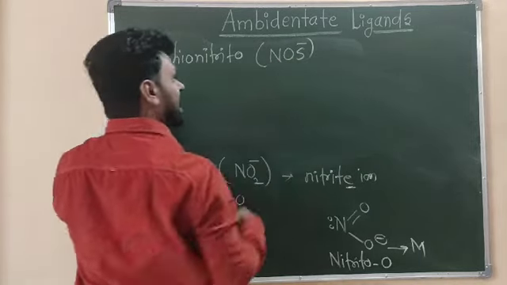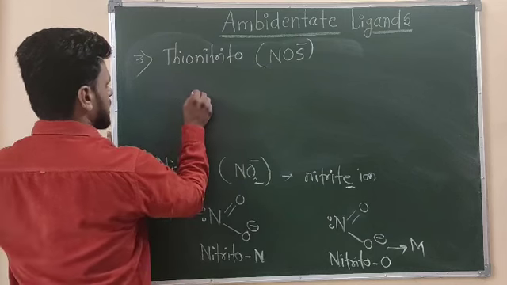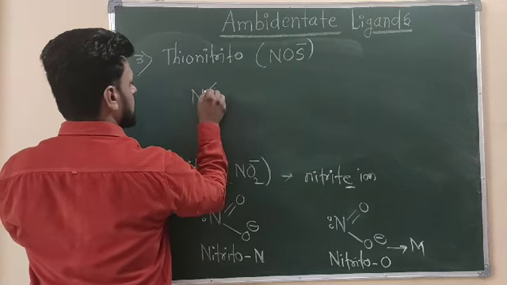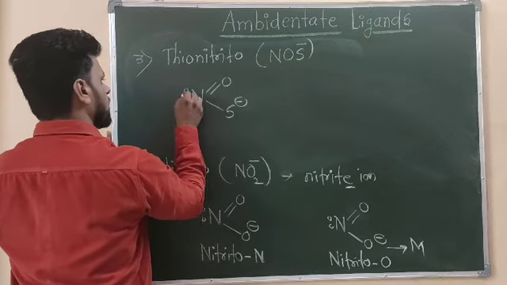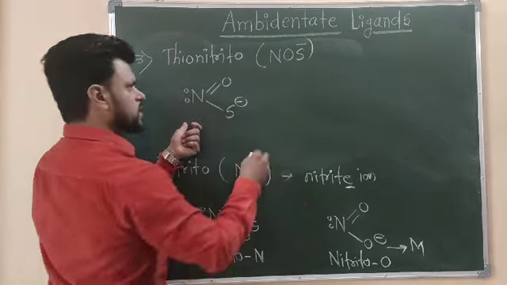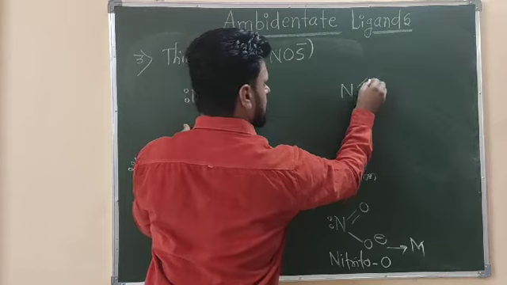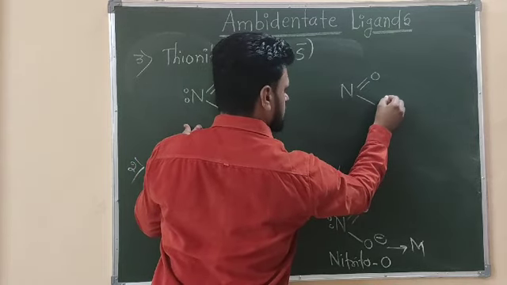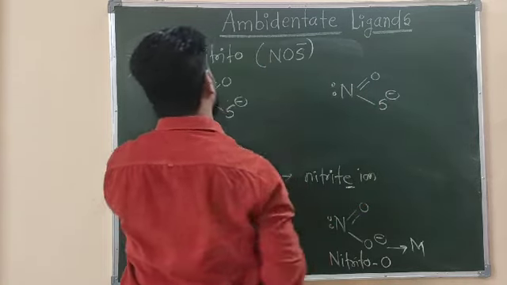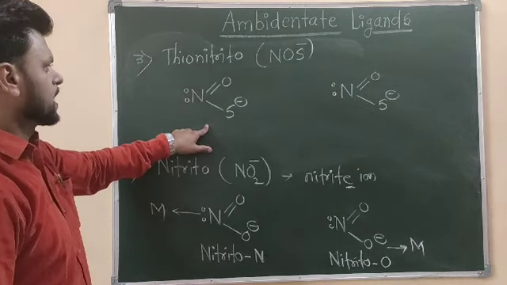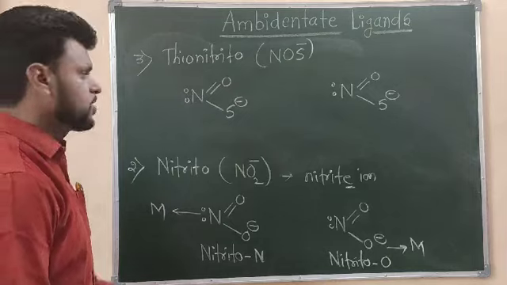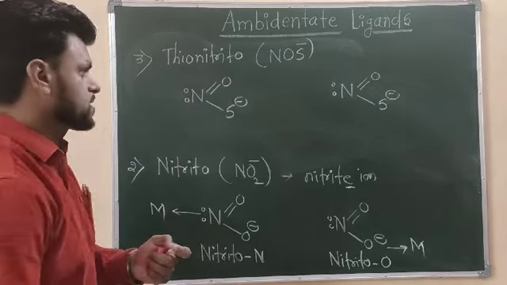In this structure, NOS has a negative charge. So if I write the structure here, N double bond O we have, now S carries a negative charge, with a lone pair on the nitrogen, and similarly here N double bond O, then S carries a negative charge, lone pair here. So if you look at the molecule very clearly, this molecule will have three donor sites, right?